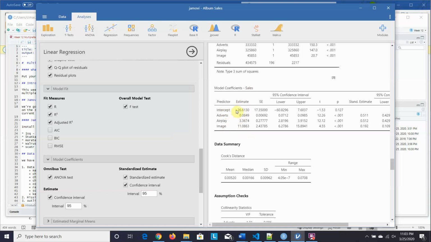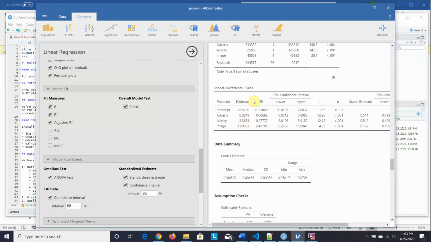And that would be the intercept, which is negative 26.6 plus 0.0849 times the advertising budget plus 3.3674 times the airplay plus 11.063 times the image. And that would give us our prediction equation for sales.